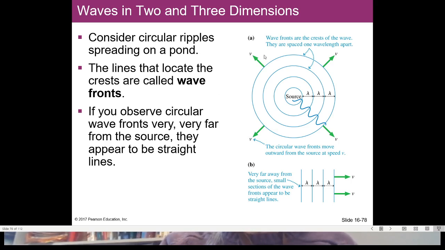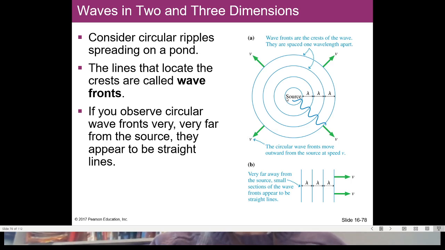Let's first look at 2 dimensions because it's a little easier to draw pictures. And so here we have a circular ripple spreading out on a pond. Okay, so you imagine that you've dropped, I don't know, a little rock in the pond, and the waves go out circularly in all directions like this.